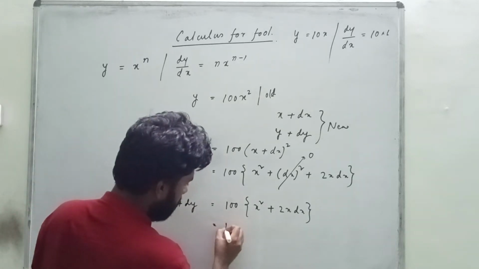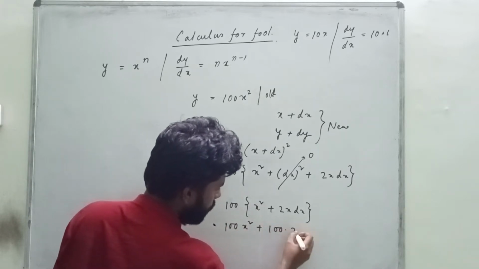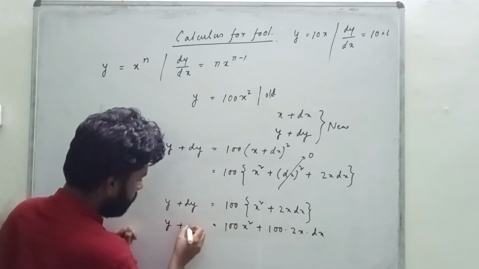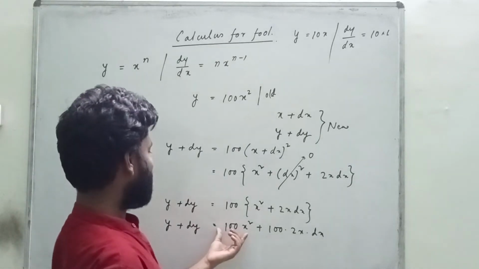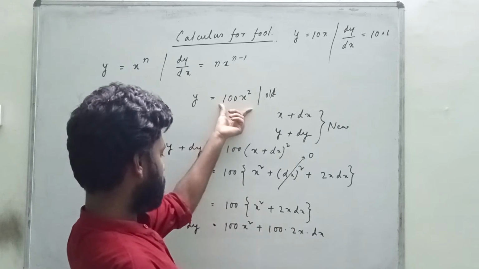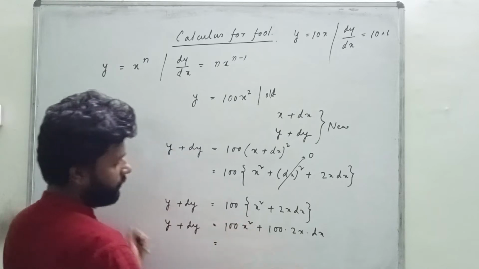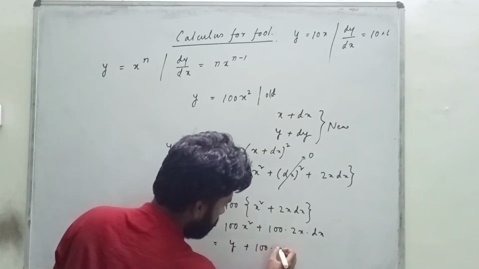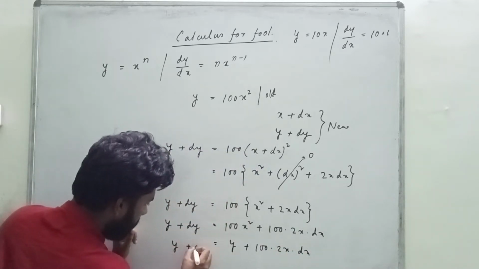What is this? 100 into x squared plus 100 into 2x dx, this is y plus dy, right? And what is actually 100x squared? It is our old relationship, y equals 100x squared. And obviously, instead of 100x squared, you can write y. So y plus 100 times 2x dx is y plus dy.